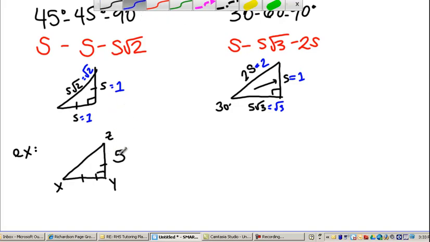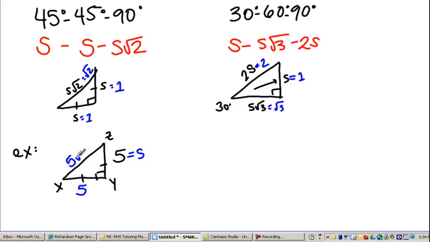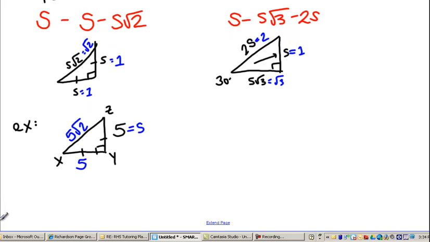Yes, you would, because 5 is my side length, therefore XY would be 5, and my hypotenuse would be my S times the square root of 2, so it'd be 5 square roots of 2. Okay? It's pretty simple when you're just looking at it like that.